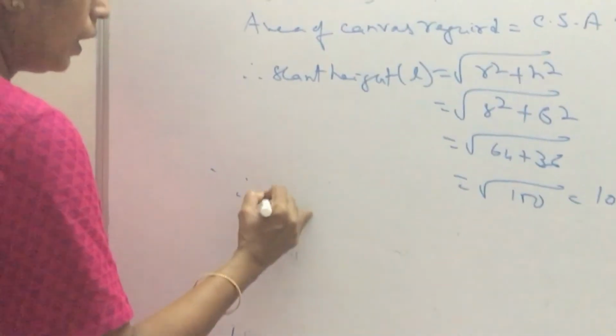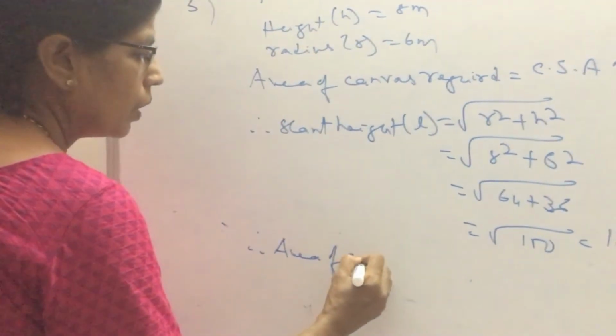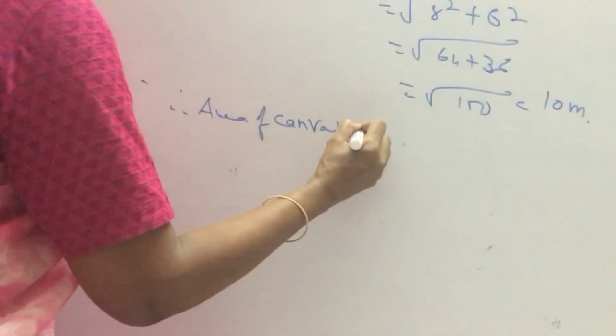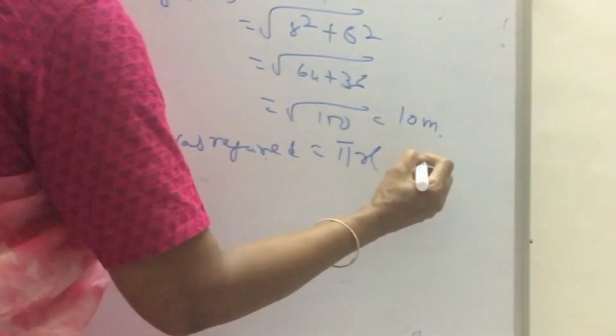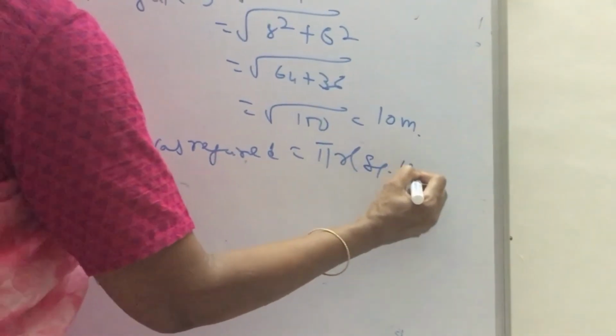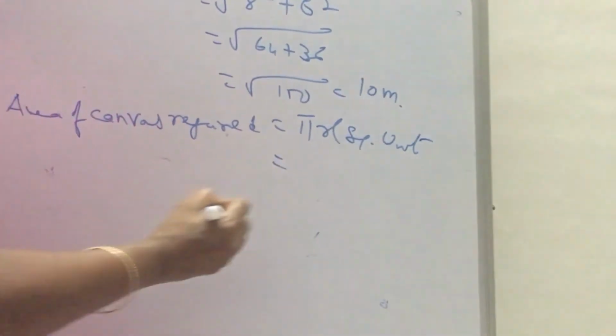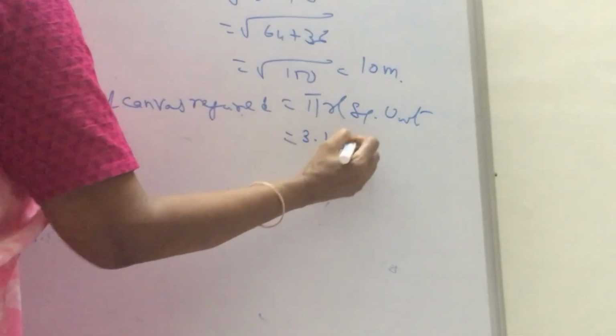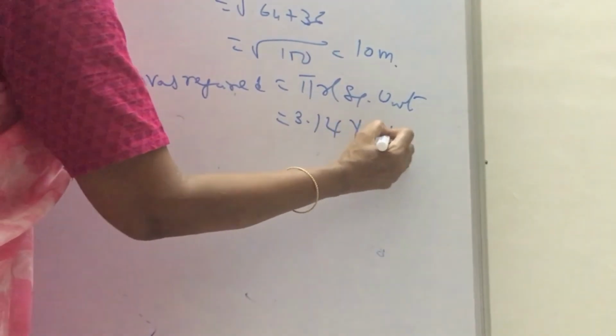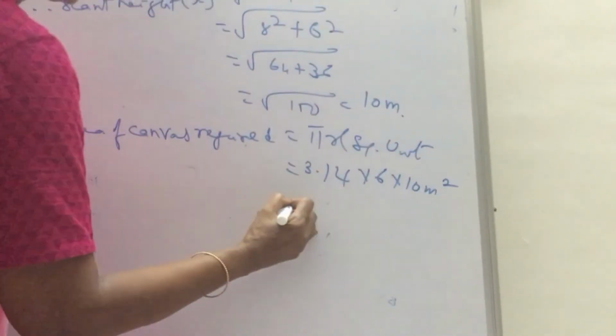Therefore, area of canvas required is equal to CSA of the cone, which is equal to pi RL, square units. They said clearly, use pi equal to 3.14, into R into 10 meters square.